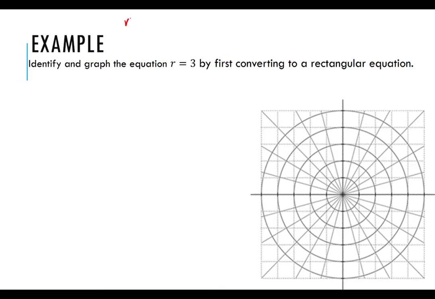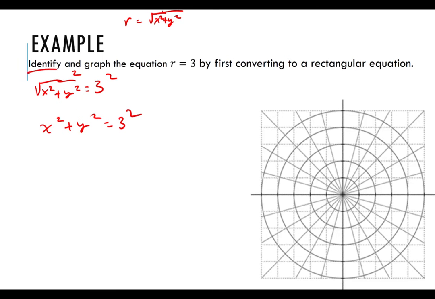And so remember that r is equal to the square root of x squared plus y squared. And so then converting to rectangular, I get square root of x squared plus y squared is equal to 3. And then square both sides, we get that x squared plus y squared is equal to 3 squared.